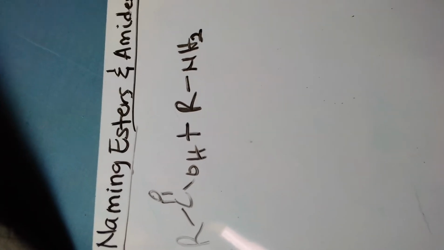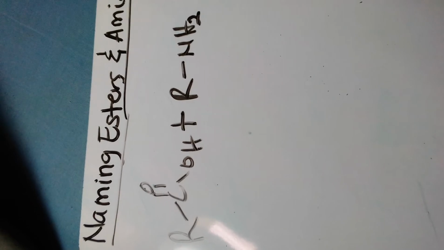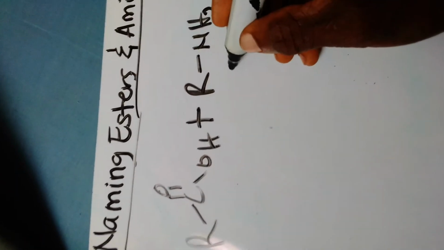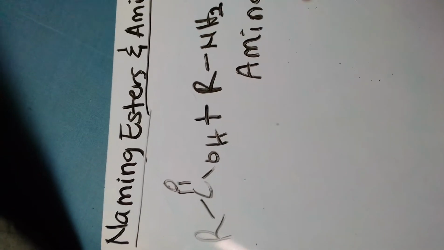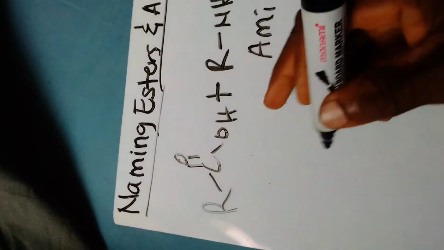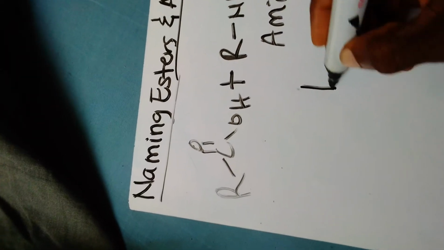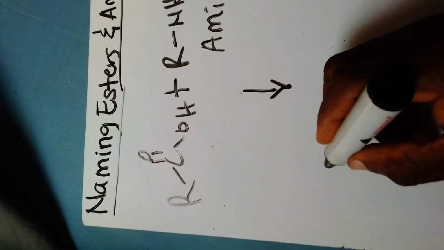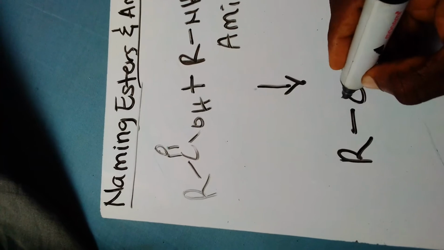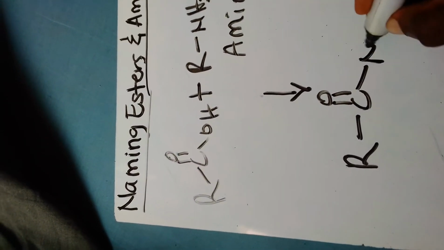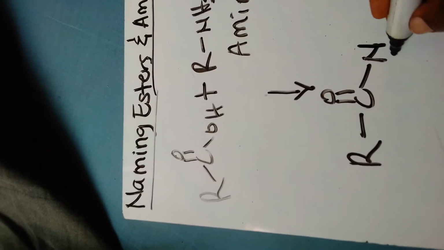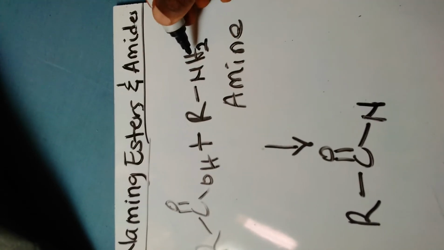Any compound where the nitrogen is bonded to an acyl group is termed an amide. So reacting a carboxylic acid with an amine will produce an amide, with the formation of water. So you are going to produce this as the product. On this nitrogen, one of the hydrogens will be displaced.